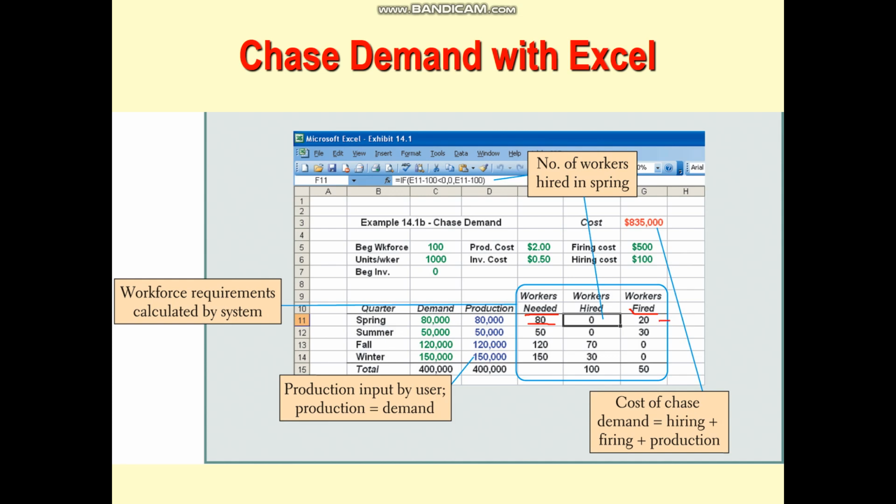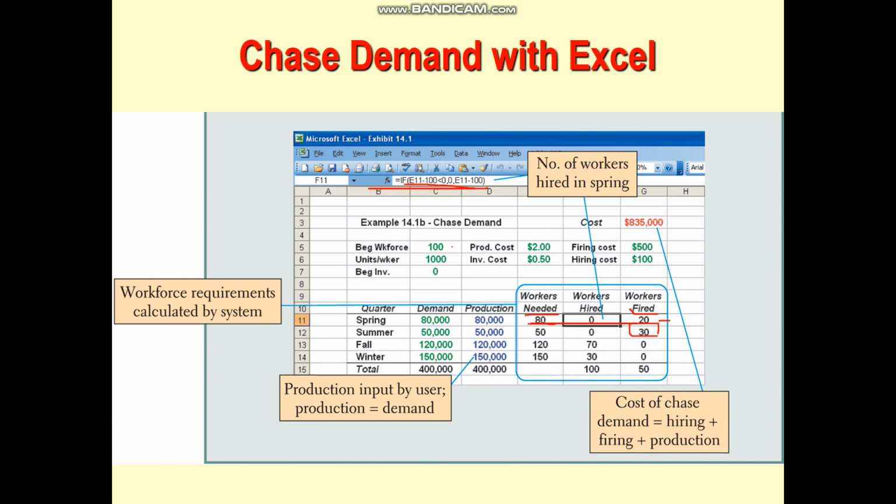So here for G11, we will have if E11 less than C5, comma, E11 minus C5, comma, 0. So it's the converse of this one. E11 minus C5 will be first and 0 will be after. Okay. So for example, for G12, how can we input the formula for this cell?